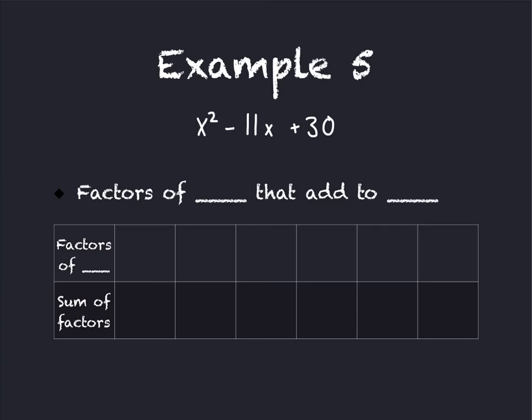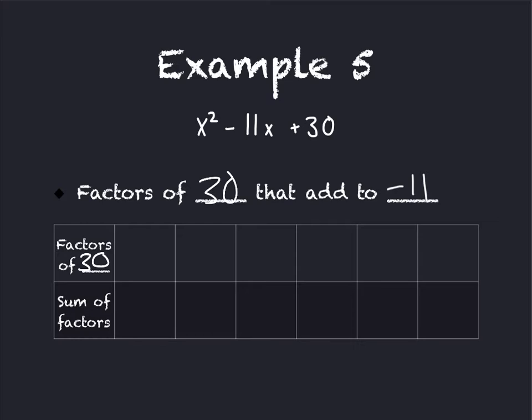All right, next example. So we need factors of what that add to what? We're multiplying to get which number? 30. And adding to get what? Negative 11. So we're looking for our factors of 30.